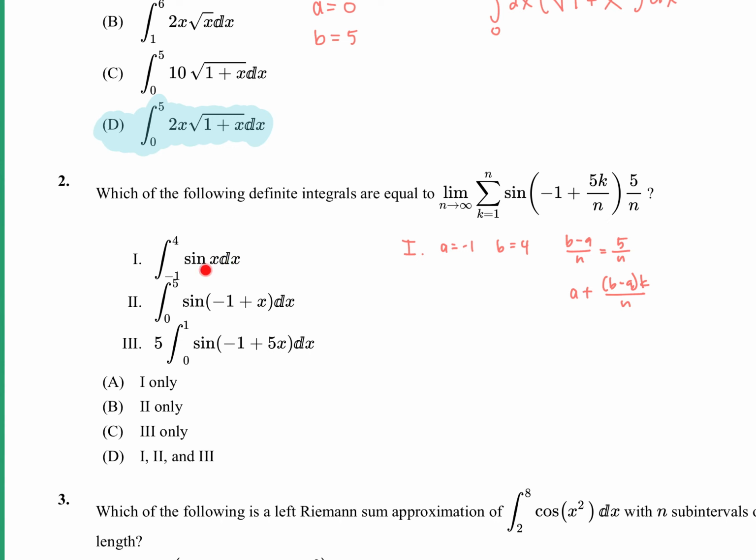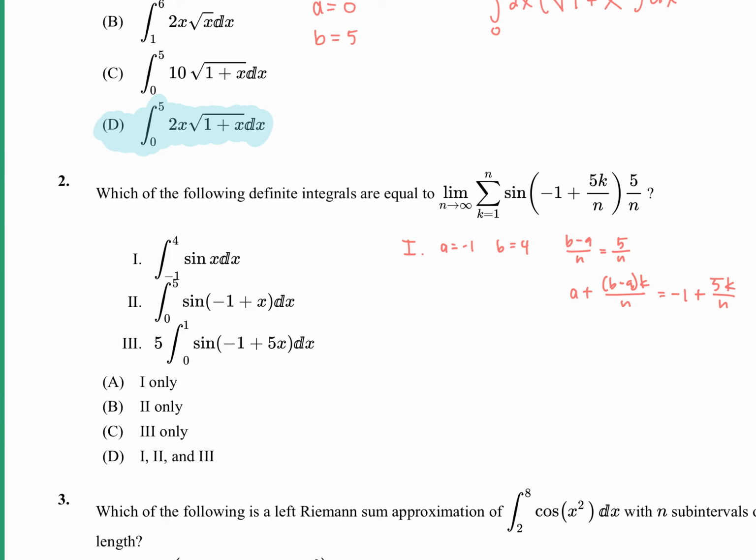Here we have just sine x, and for us this is going to be -1 plus 5k over n. So this is what we would have to plug in for every x value. Let's see if it works out.